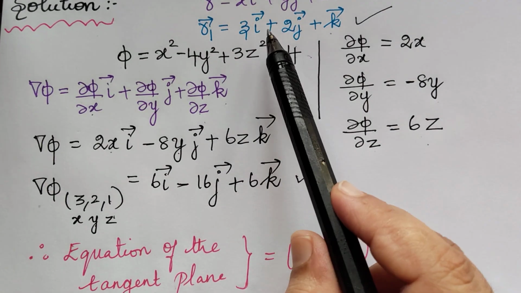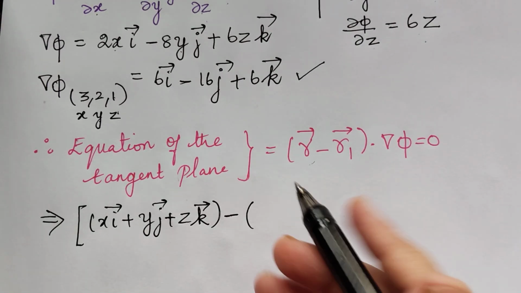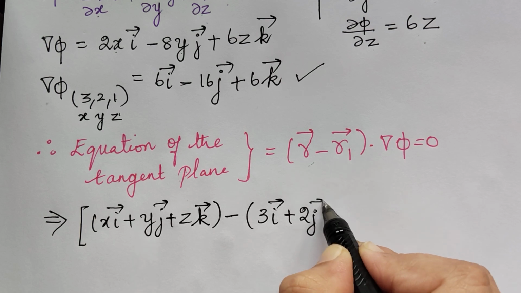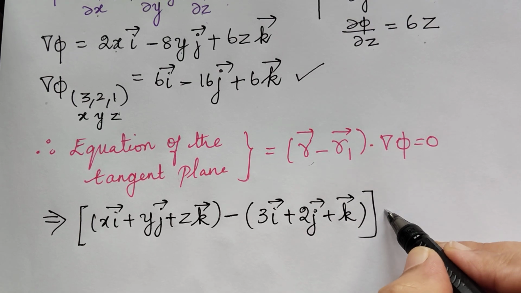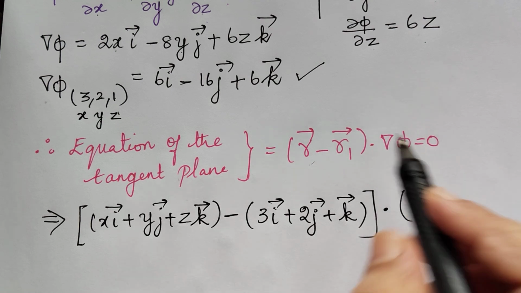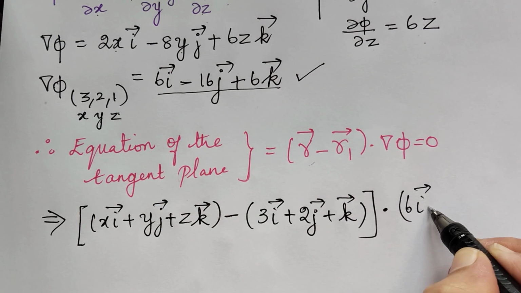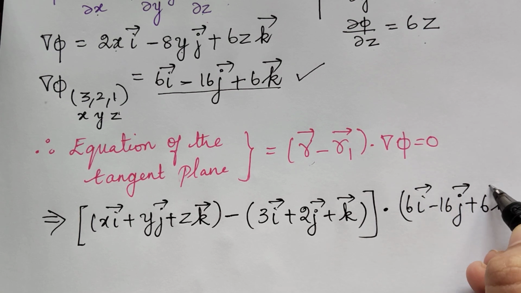What is r1 vector? 3i vector plus 2j vector plus k vector. So let us substitute that. Now this has to be taken dot product with nabla phi. Now what is nabla phi? This is what we have obtained. So 6i vector minus 16j vector plus 6k vector.